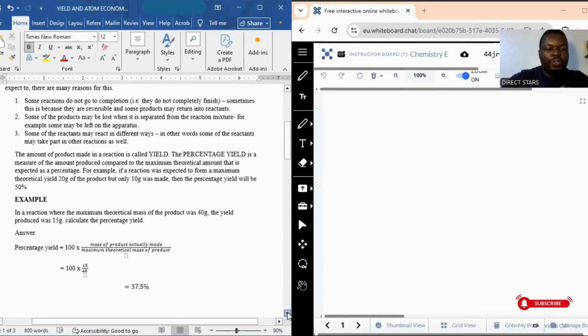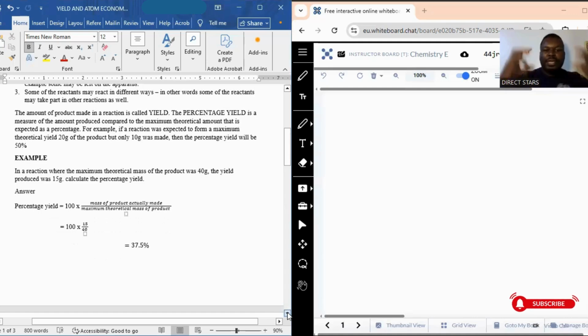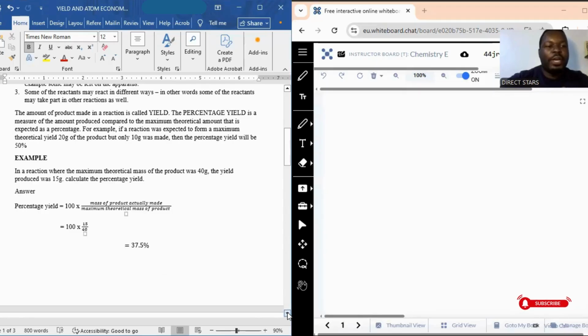So we'll go straight into picking an example and putting it to use. In a reaction where the maximum theoretical mass of the product is 40, based on calculation, 40 grams was expected using our stoichiometric calculations.